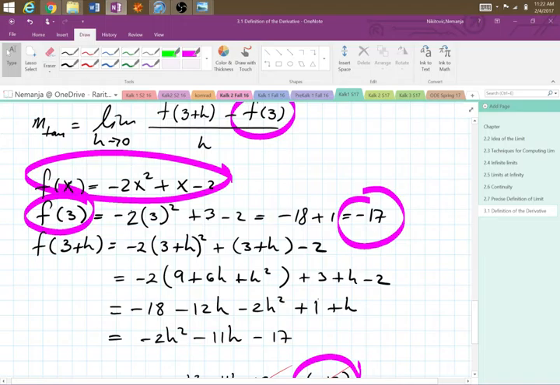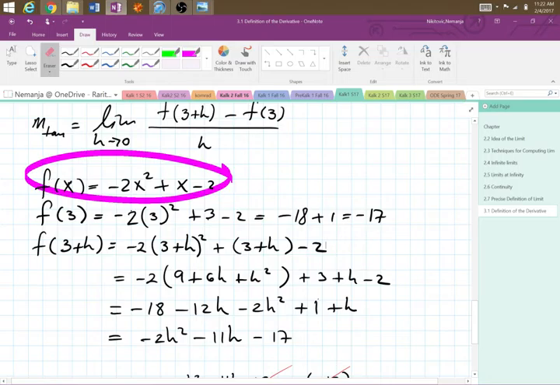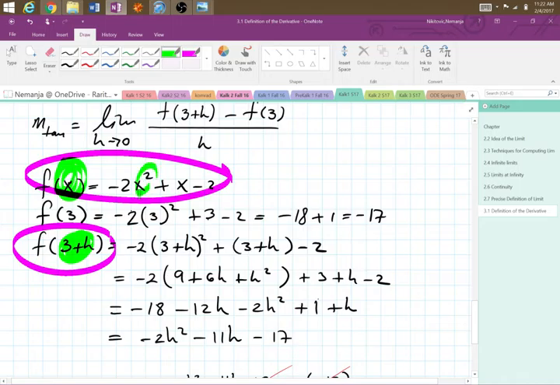Then I chase the other one, except the other one is not arithmetic calculation. The other one is algebra calculation, which is this. So you are replacing x with 3 plus h. So if you compare that, there is x squared, there is 3 plus h squared, there is plus x, there is 3 plus h.